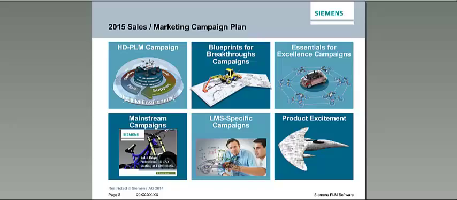HDPLM, which is more of an awareness campaign, and the blueprints for breakthroughs, there are 13 campaigns behind, which are mainly targeted for existing customers and for large accounts. That's the reason why we will not cover that today.